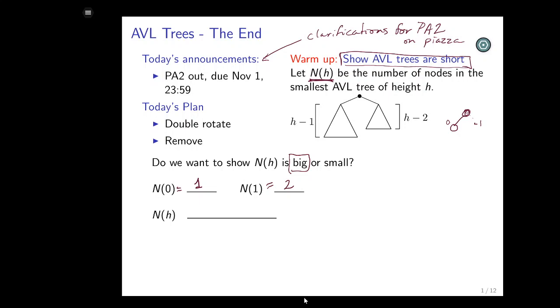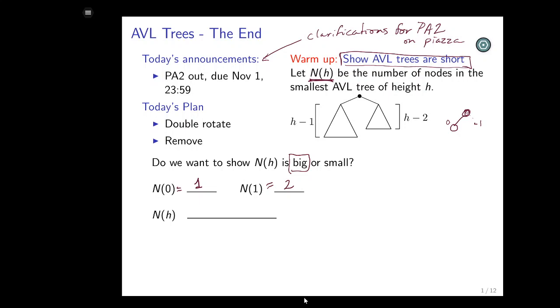Why is one of them of height h-2? Because if they were both height h-1, then it wouldn't be the smallest AVL tree. If we made it h-1, that would be wasteful, because the only property that we need is to preserve the AVL tree property, which says that the heights of the two children have to be within 1 of each other.